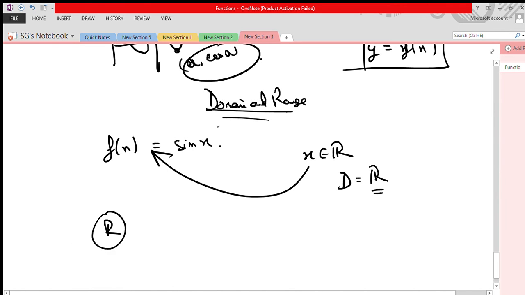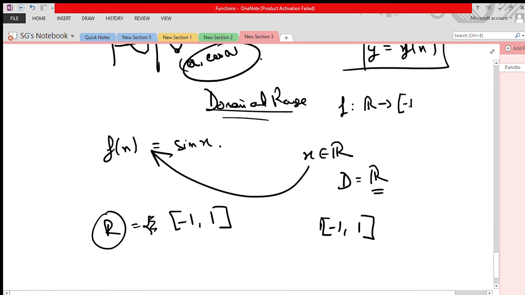We know sin x can take values only between -1 and 1, including both. So its range will be [-1, 1]. So we can show the structure of f as f transforming elements of R to the set of elements from -1 to 1. Clear?